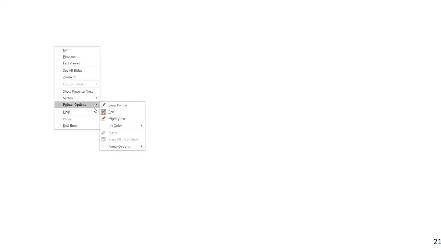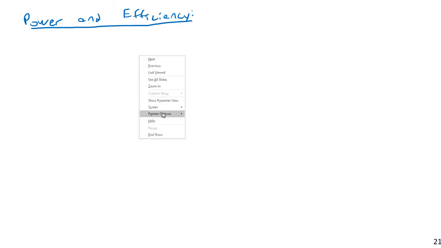Okay, so I would like to talk a bit about power and efficiency, and I'll save some more numerical examples for later. So power and efficiency. Well, what is power?